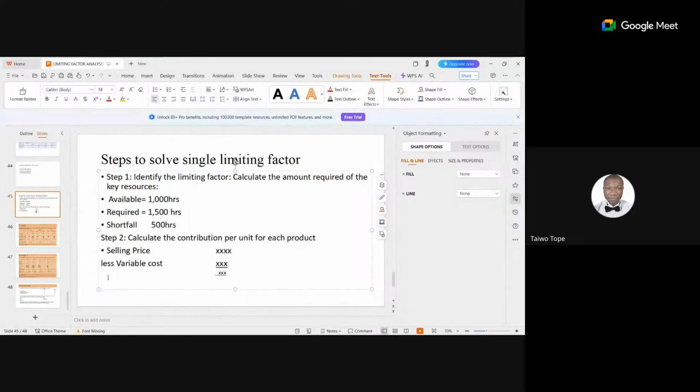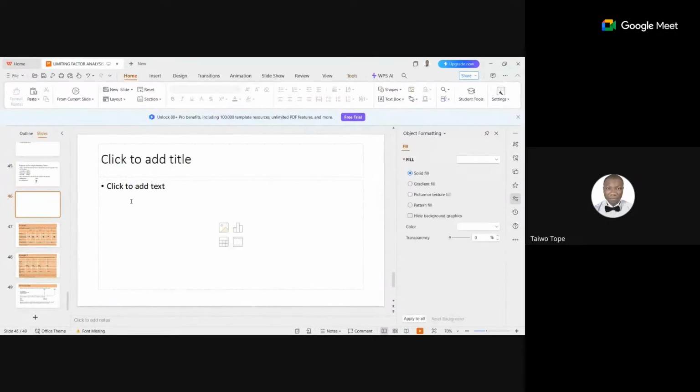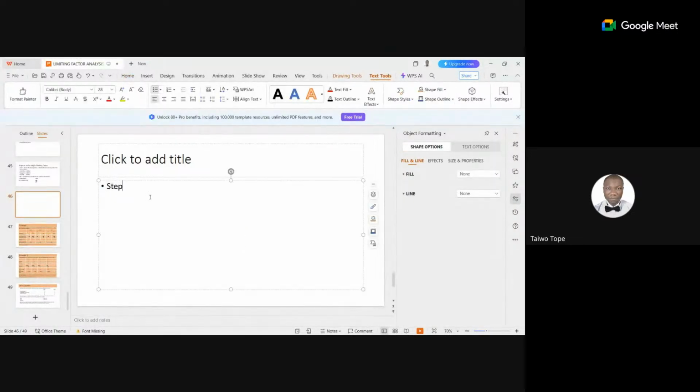After determining contribution per unit, the next step, step three, is to calculate the contribution per limiting factor. Contribution per limiting factor. Now, how do you do this?